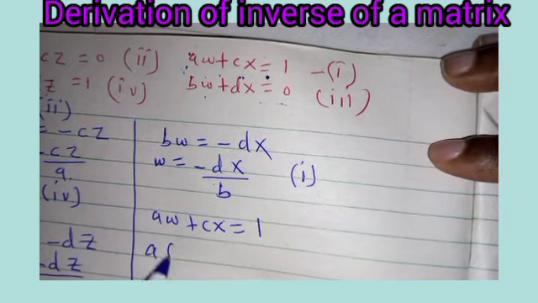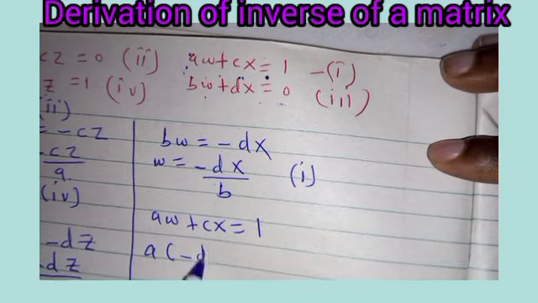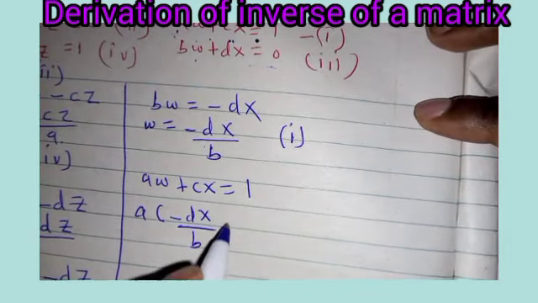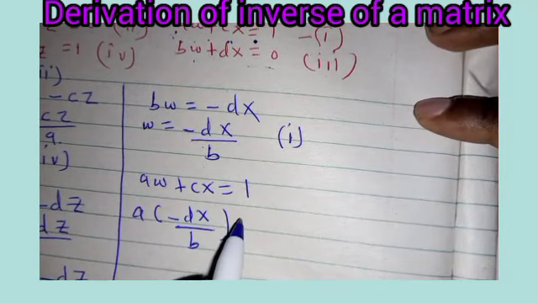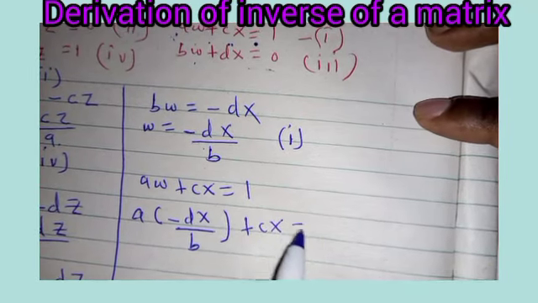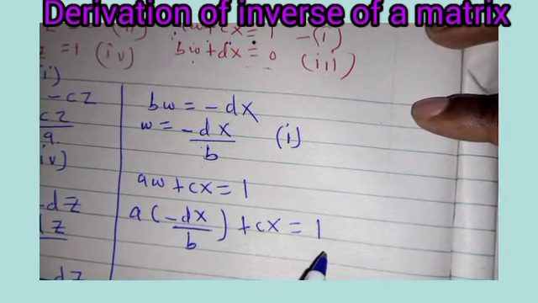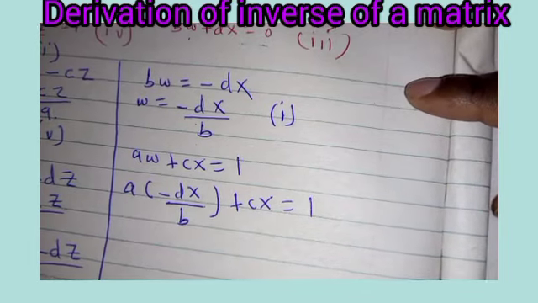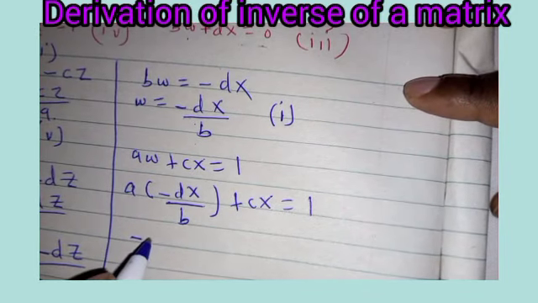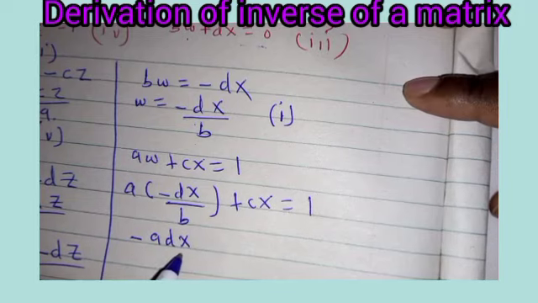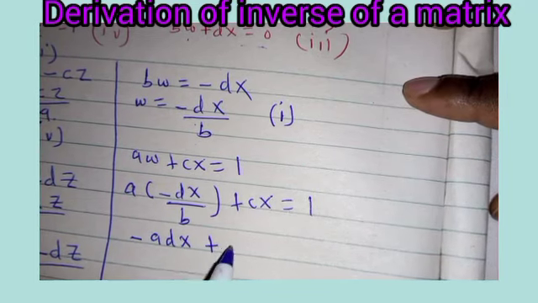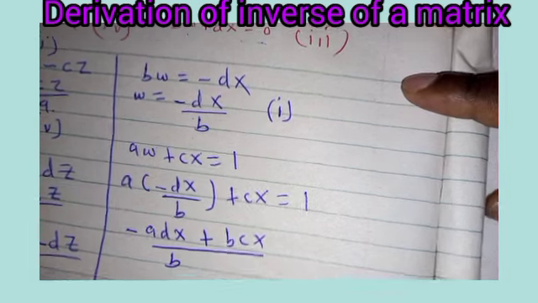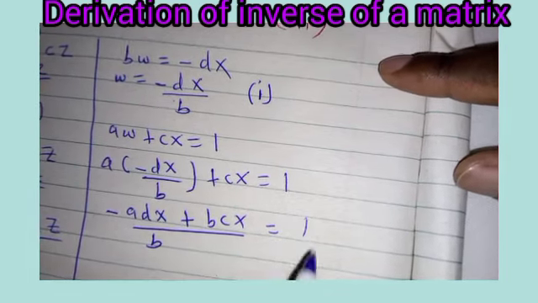So a into bracket minus dx divided by b, plus cx, is equal to 1. So this is minus adx over b, plus bcx over b, is equal to 1.